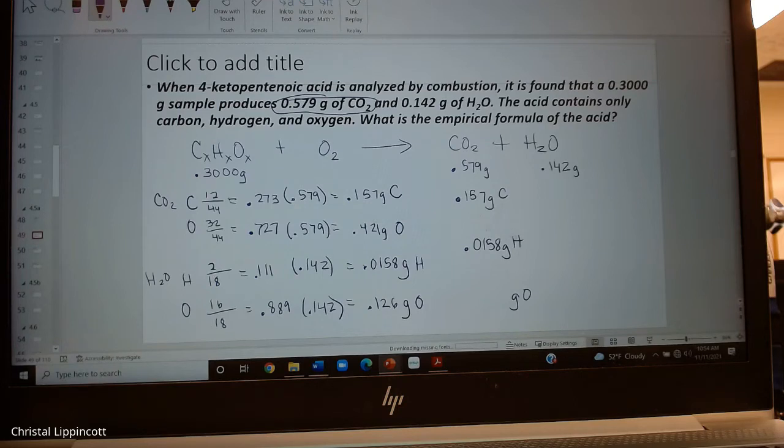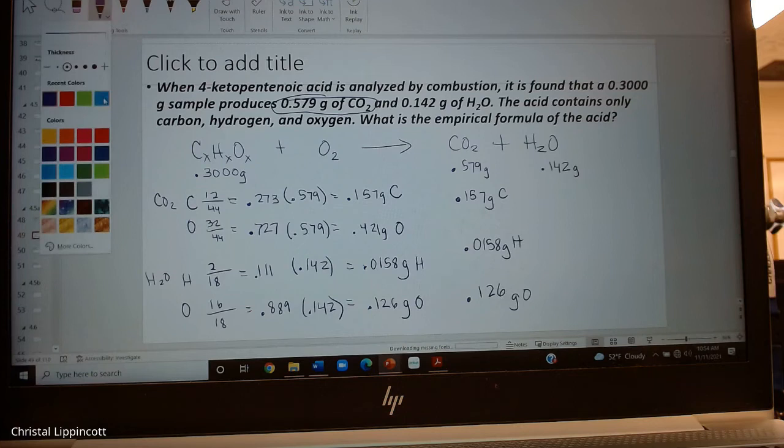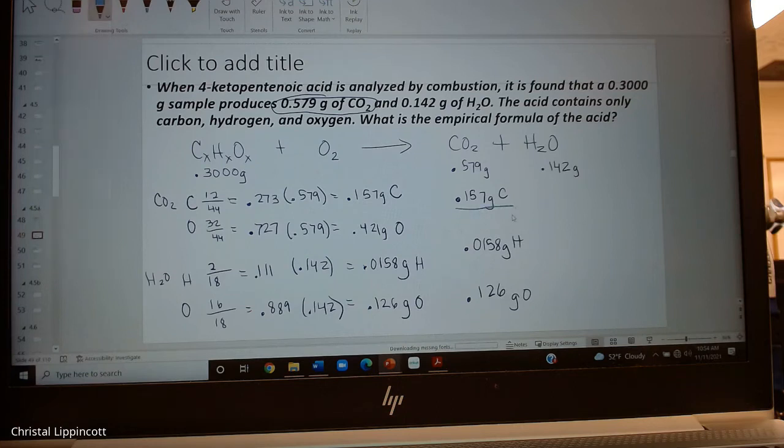And my oxygen then, if I add these 2 up and then subtract from 0.3, it ends up being 0.126. Okay. Then I'm going to switch pen colors so you can see it a little bit better. I'm going to turn these into moles. So I'm going to divide this by 12, divide this by 1, and divide this by 16.